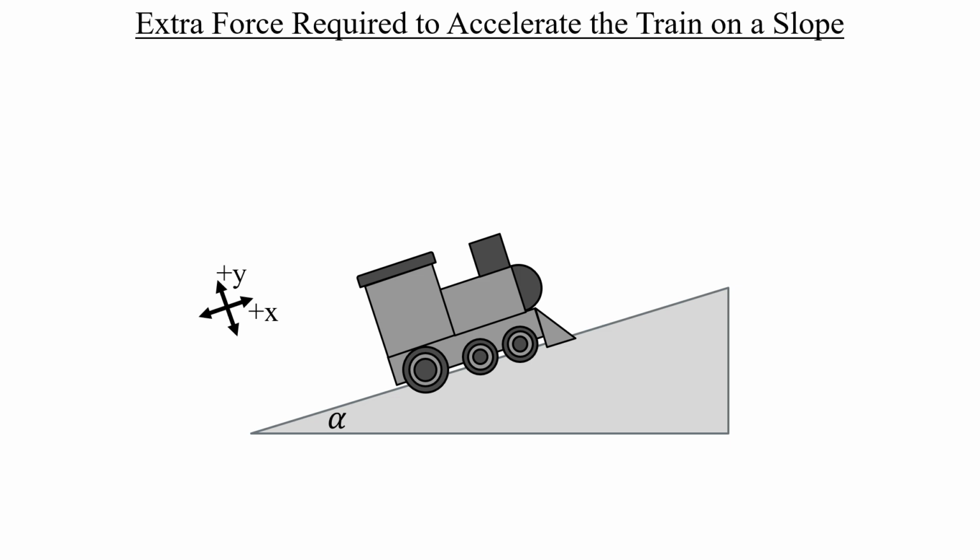If we draw the forces involved with the train climbing this hill, we'll have the weight of the engines pointing down and some amount of locomotive force driving the train up and to the right. Since friction wasn't mentioned, let's ignore that as well.